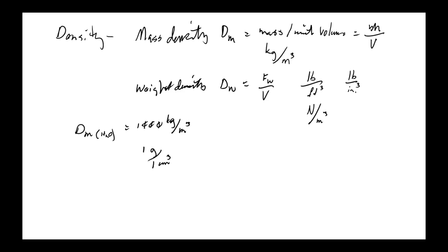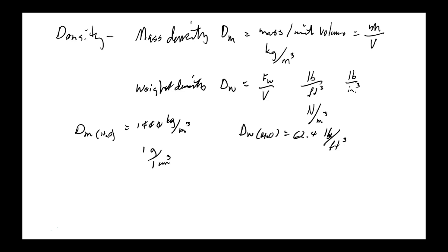The weight density of water in the U.S. customary, D sub W for water, H2O, happens to be 62.4 pounds per cubic foot. Okay? You'll use that a lot, but you can always look it up in a table. It's not worth memorizing. Okay?